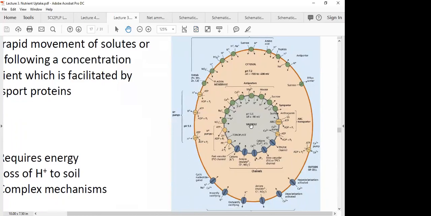Does anyone know what the membrane surrounding the vacuole is called? It has a special name. The lipid bilayer membrane that surrounds a vacuole. And this should definitely be in the exam because you can't do plant phys and not know the name of the vacuolar membrane.